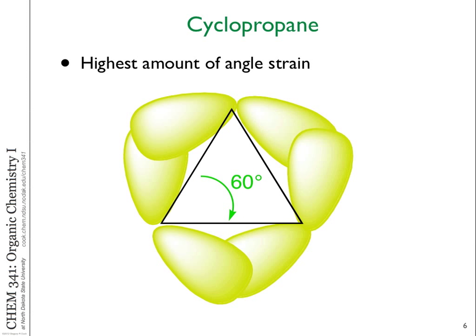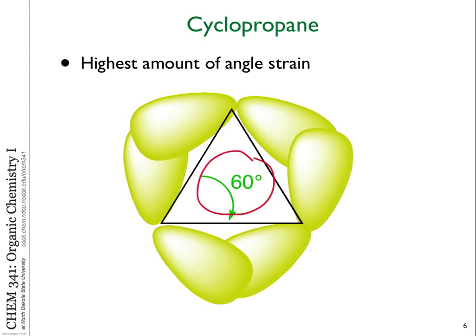Okay, cyclopropane. As I mentioned last time, cyclopropane is the smallest possible ring, and because of the very small angle between a carbon-carbon bond in here, being only 60 degrees, it's so small that even the orbitals can't overlap in a linear end-to-end fashion.